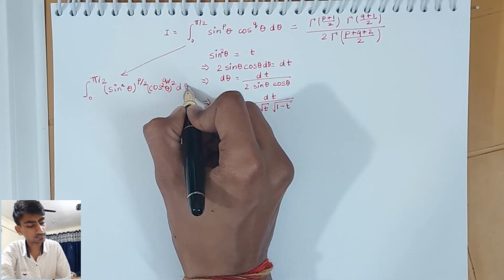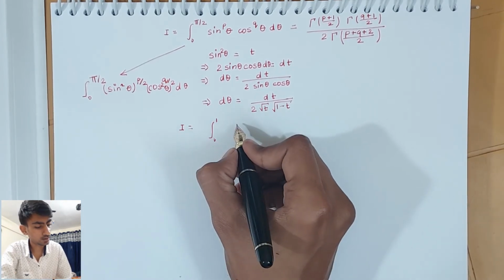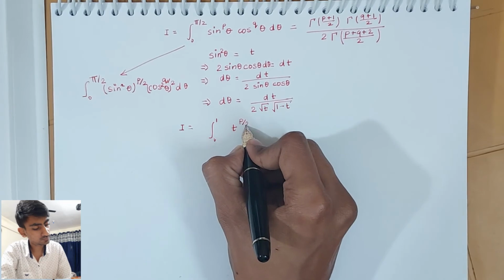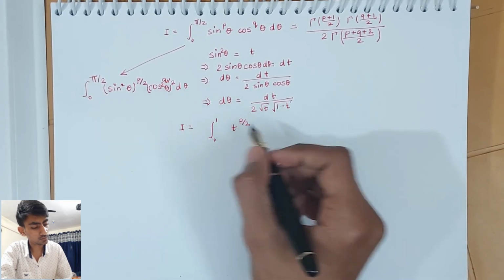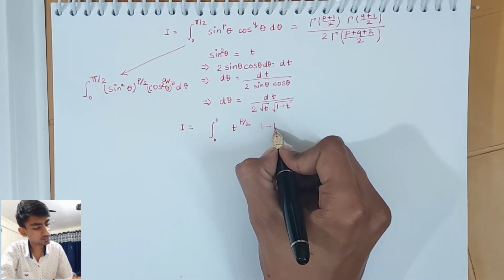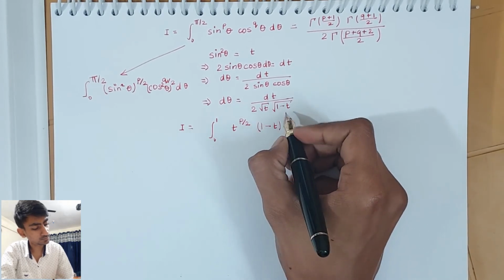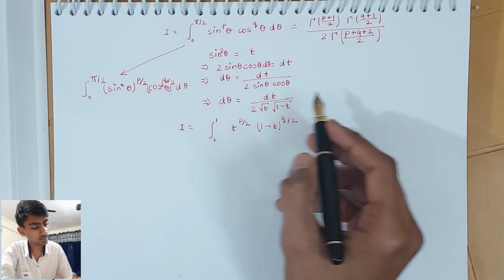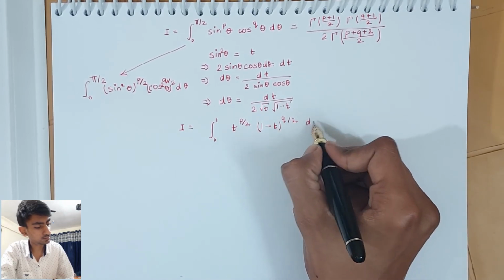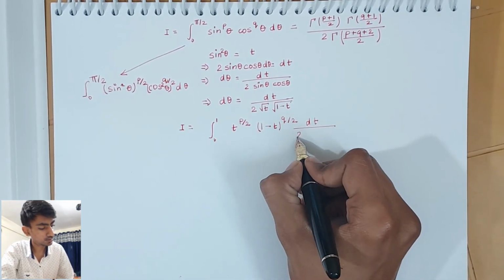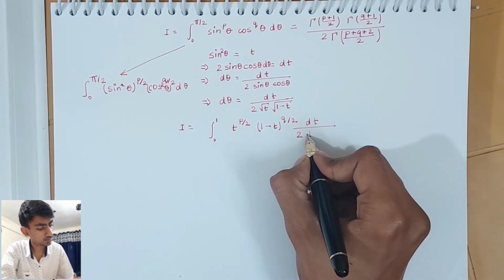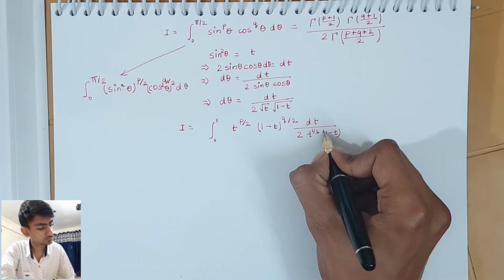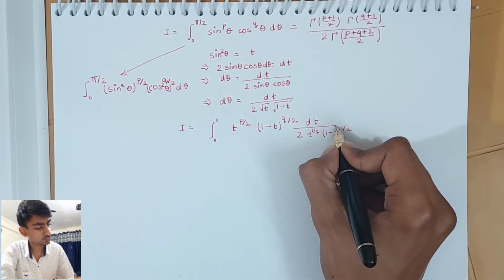and d theta. So in place of sine square, I can write t to the power p by 2. In place of cos square, I can write 1 minus t to the power q by 2. And for d theta, I can write dt divided by 2. Root t can be written as t to the power 1 by 2 and 1 minus t to the power 1 by 2.